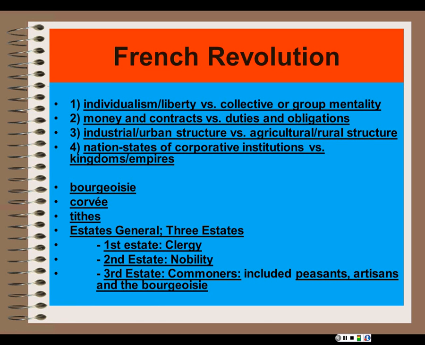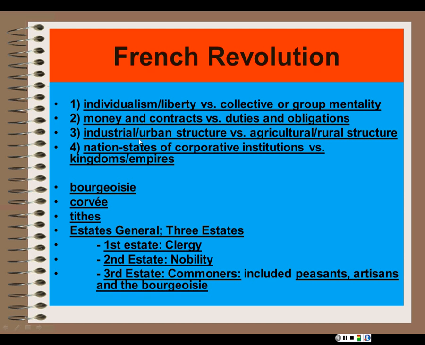Many of the important concepts of the Enlightenment will be played out in the American Revolution and the French Revolution, where all of a sudden now, individualism and liberty will take top rank. Not this idea here of group mentality so much, but individual liberty, of money and contracts, not the feudalism of medieval Europe, which had stressed duties and obligations.